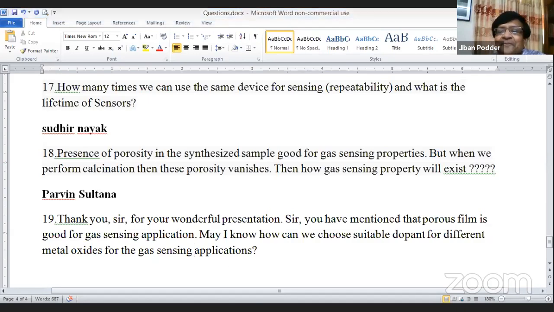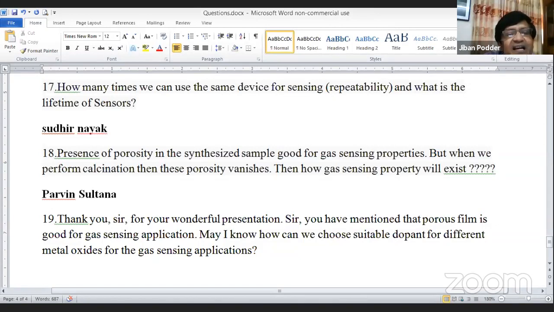So definitely when we go for the final fabrication of the device, if we can use a good quality film, then the efficiency should be very high. If there is a short circuit or any contact resistance problem, that will damage the device. So it depends on many factors.